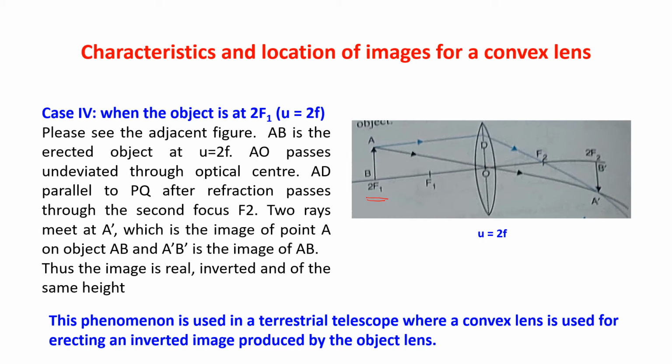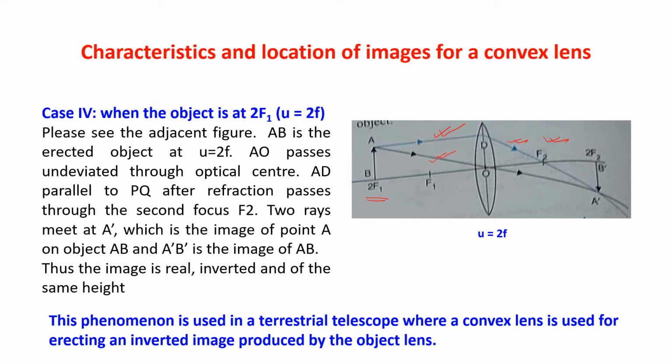One ray is coming parallel to the principal axis, that is from A, the AD ray, that will pass through the second focus. And the second ray we have taken is passing through the optical center and it will go undeviated.